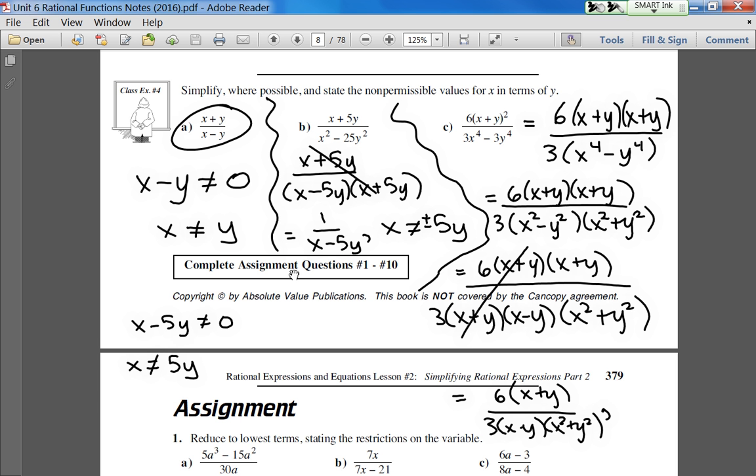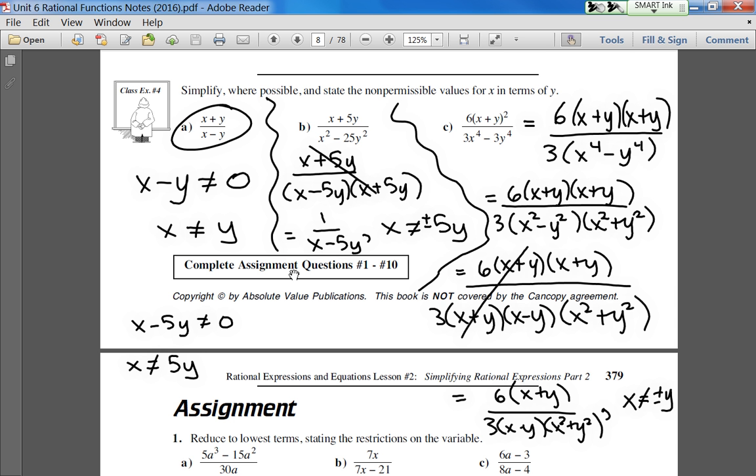And then the non-permissibles. The non-permissibles look easy. Even though they look crazy, they look easy. As long as x does not equal, no. X is not allowed to equal y or negative y or both. Both. X cannot be plus or minus y. So think about it.